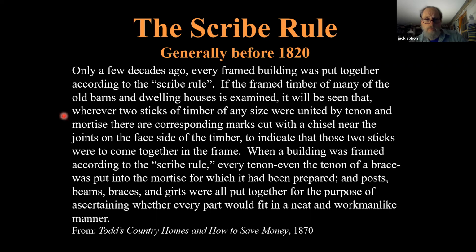And it says here, whenever two sticks were framed to come together, it was all done in a custom fashion. So each piece could only fit into the one that it was designed to go into. And then, of course, it'd be numbered so they could determine that when they went to put the building up.